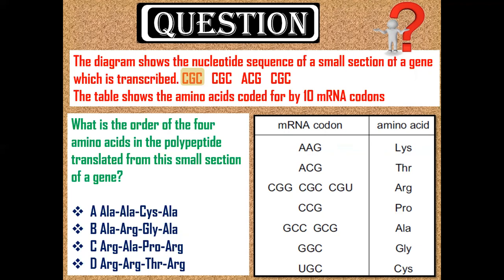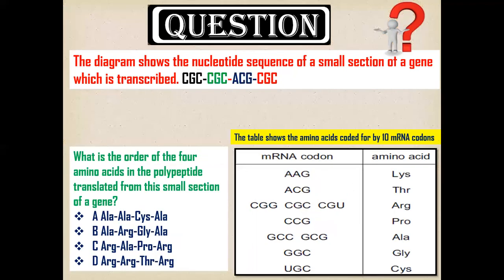So what is the order of the 4 amino acids in the polypeptide translated from the small section of the gene? In this way, we are supposed to convert from the DNA sequence to the messenger RNA sequence. That's a similar type of question.